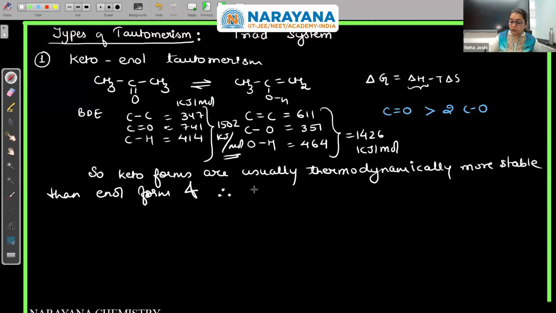And therefore, keto forms dominate at equilibrium. But of course, there may be certain cases where enol may dominate over keto, but then there has to be some thermodynamic reason. It is not like just I like it and I get it. Okay, that is not possible.